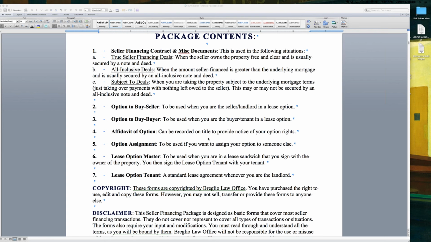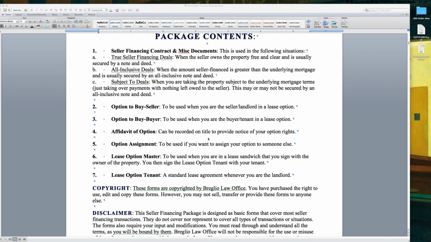All-inclusive deals. This is when the seller is selling you the house and there is an underlying mortgage, but the amount that is owed to the seller is greater than that mortgage. So there's equity in the house left to the seller, and the seller is financing an amount greater than the underlying mortgage. In other words, let's say the house is being sold for $100,000 and there's a $75,000 mortgage on it.